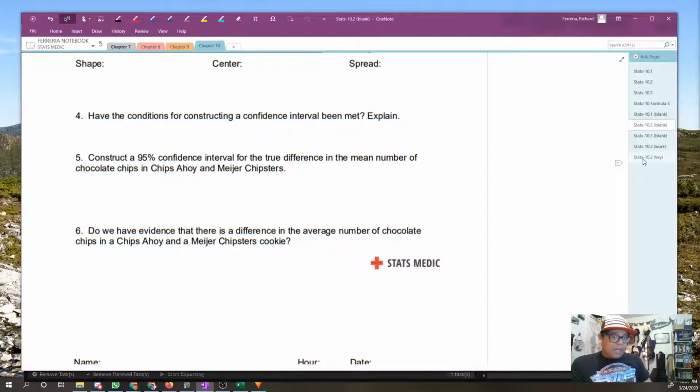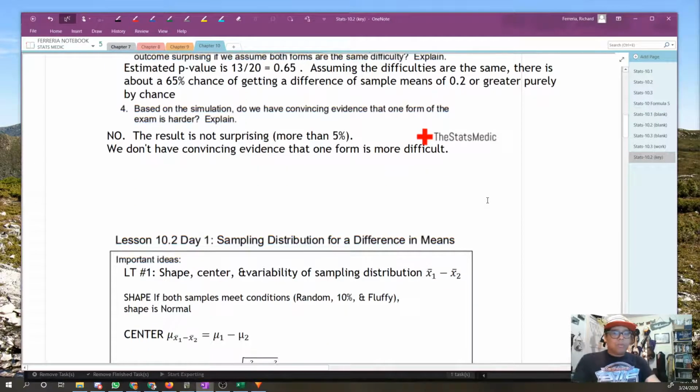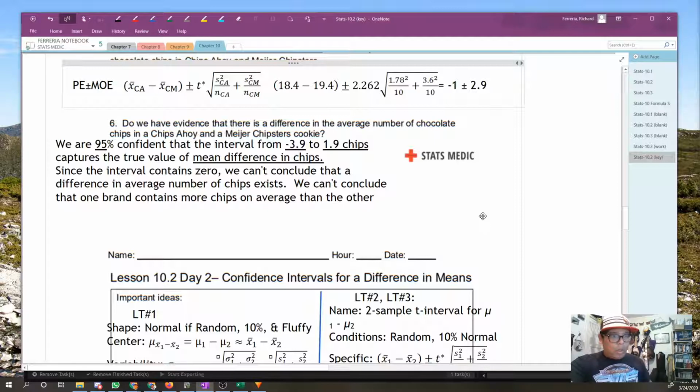What if I actually work out that mathematics with the addition and subtraction? Well, what would I get? Oh. Well, here we go. We're 95% confident that the interval from -3.9 to +1.9, that's -1 minus 2.9 and -1 plus 2.9, contains the true value of the mean difference in chips.